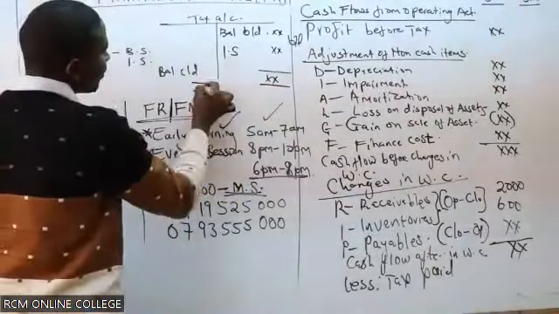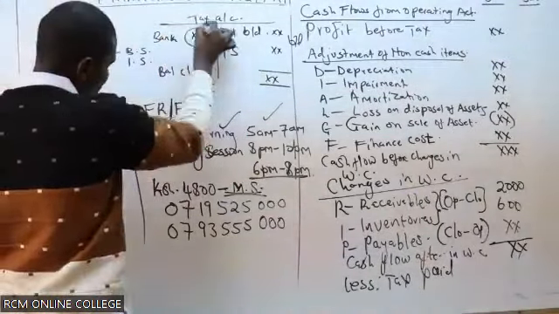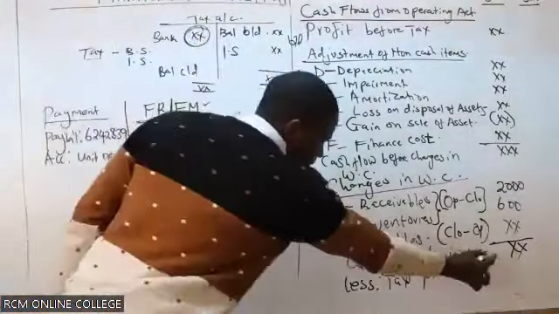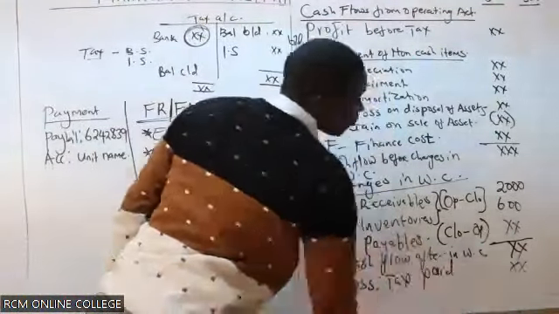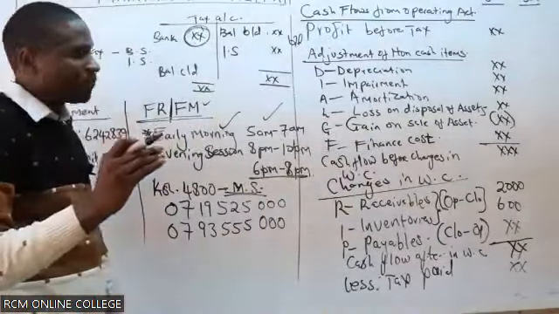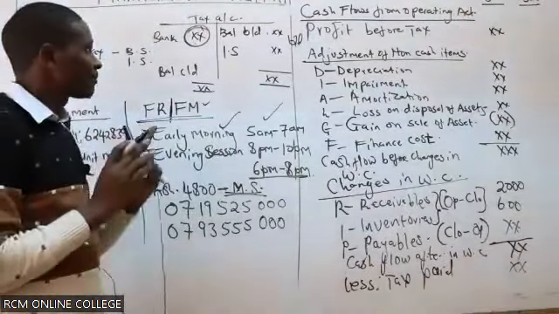Sasa hapa ndio tunakuja tunasema nini? Bank. Na sasa hii ndio balancing figure, na ndio tunaleta pale. Tumeelewa hapo? Have you understood how to come up with the tax paid? The exact tax.